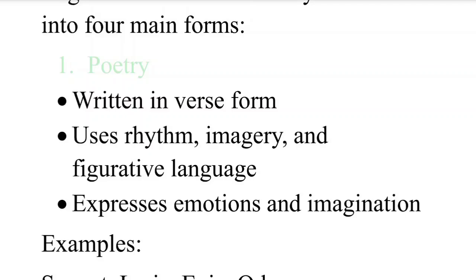What is poetry? Poetry is written in verse form, and it uses rhythm, imagery, and figurative language. Poetry language is different from prose language. Here, poets use rhythm, imagery, and figurative language in their poems, and through the poems, they express imagination and emotions.